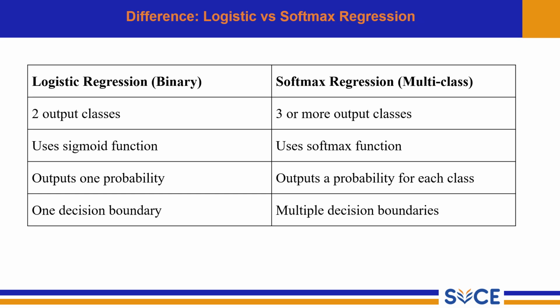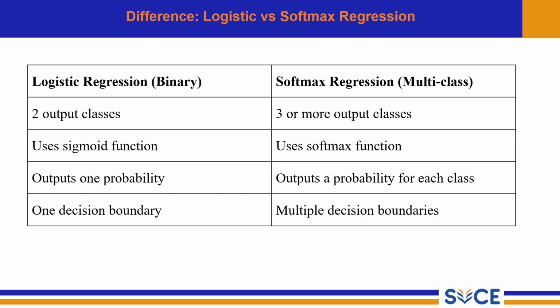Now, softmax regression, which handles multi-class classification. This is for problems with three or more output classes, like choosing between apples, oranges and bananas. It uses the softmax function, which outputs a probability for each class, allowing us to see how confident the model is about each option.